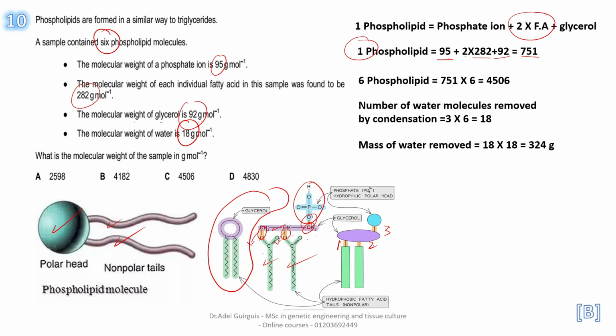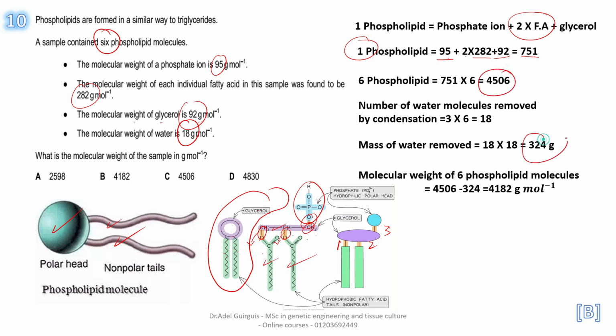Last step, molecular weight of 6 phospholipid molecules equal this figure minus this figure to obtain 4182 gram per mole, exactly letter B. Okay, the answer is B.